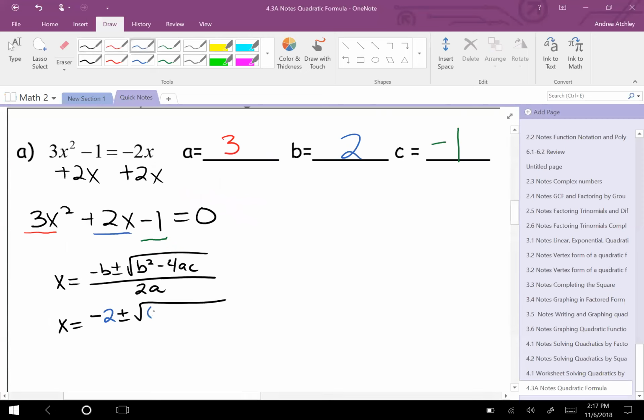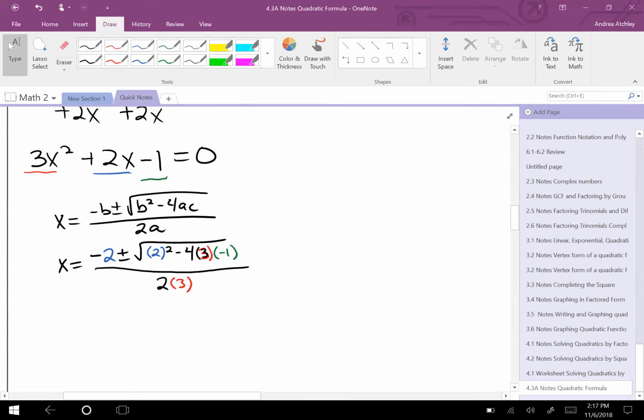B is 2, so b squared is 2 squared, minus 4 times a, which is 3, times c, which is negative 1, and it's all over 2 times a, which is 3. Any questions over that?